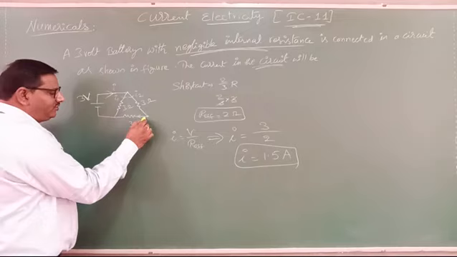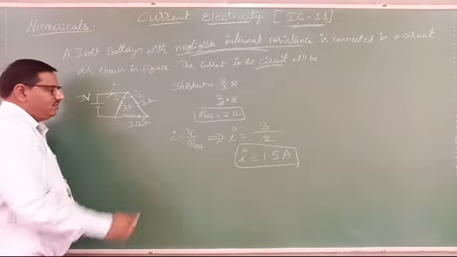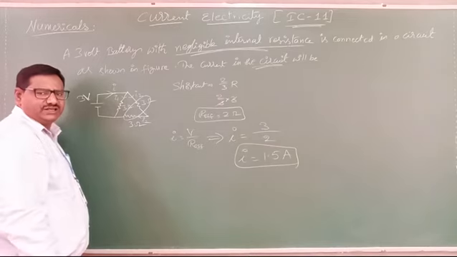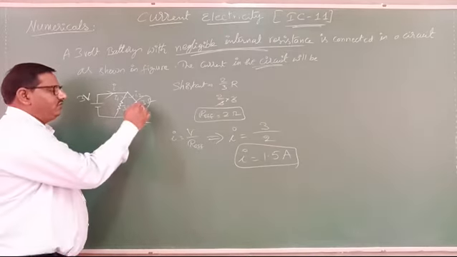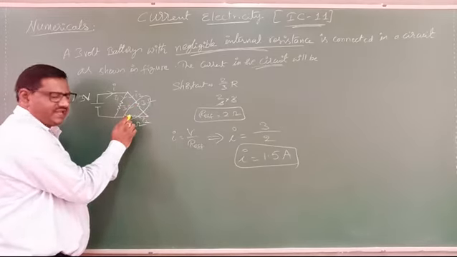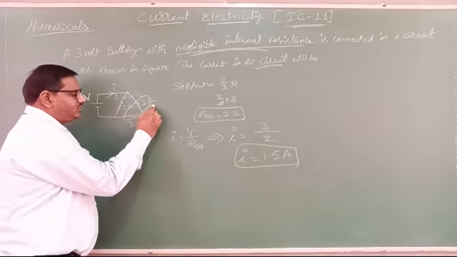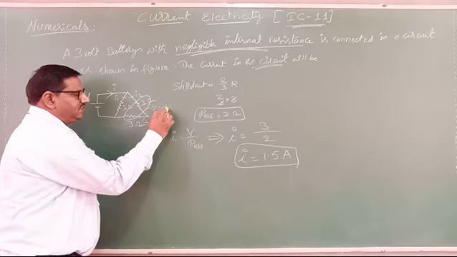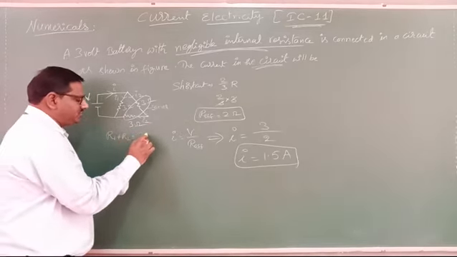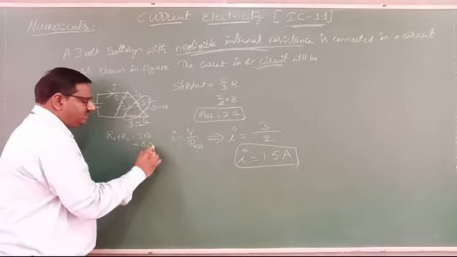Then the same I2 current also flows here. Now the same current flows in these two resistors. Yes or no? The current that flows in this resistor is the same here also. Then these two are said to be in series. Then in series combination what can you write? R1 plus R2. So 3 plus 3, that is 6 ohms.